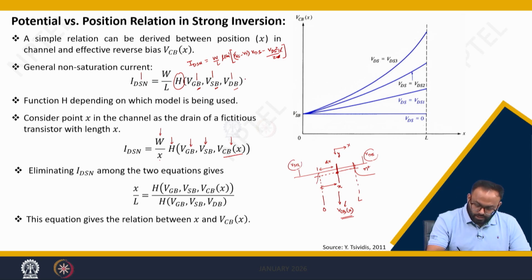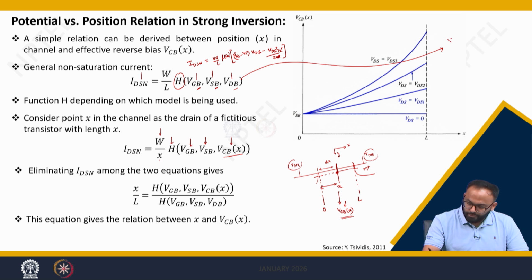One thing is important to note here: VDB is equal to VDS plus VSB, which we have already derived as VDS equals VDB minus VSB.